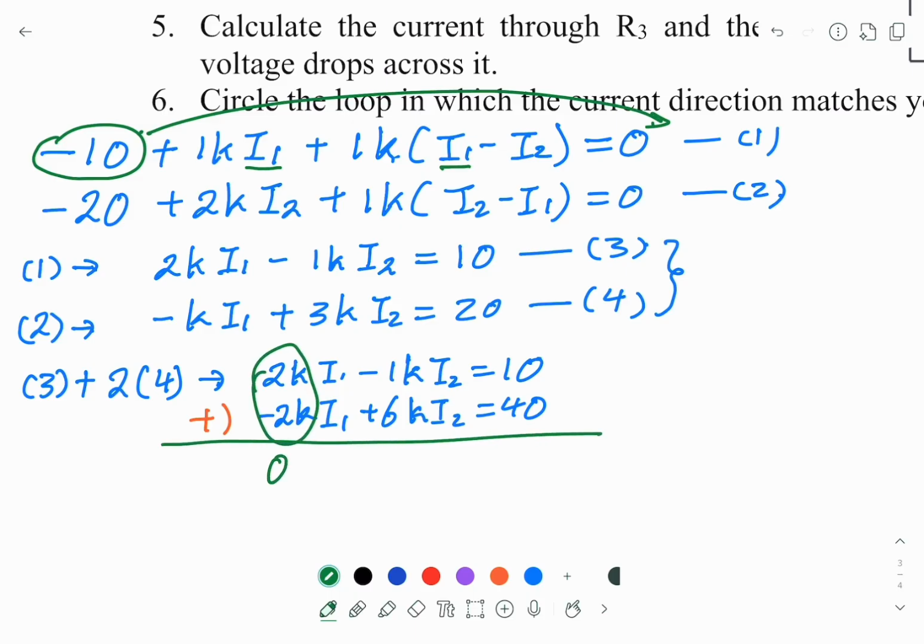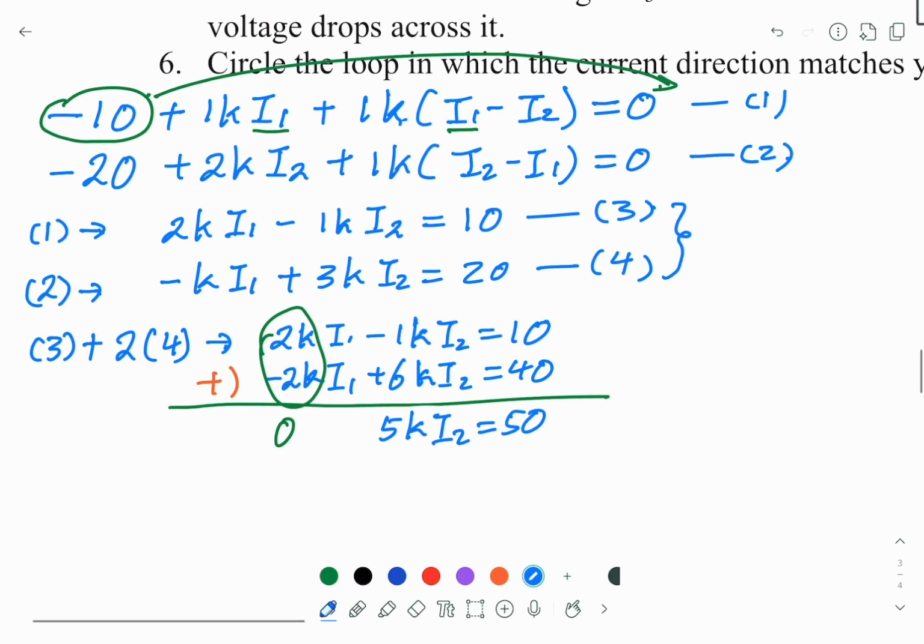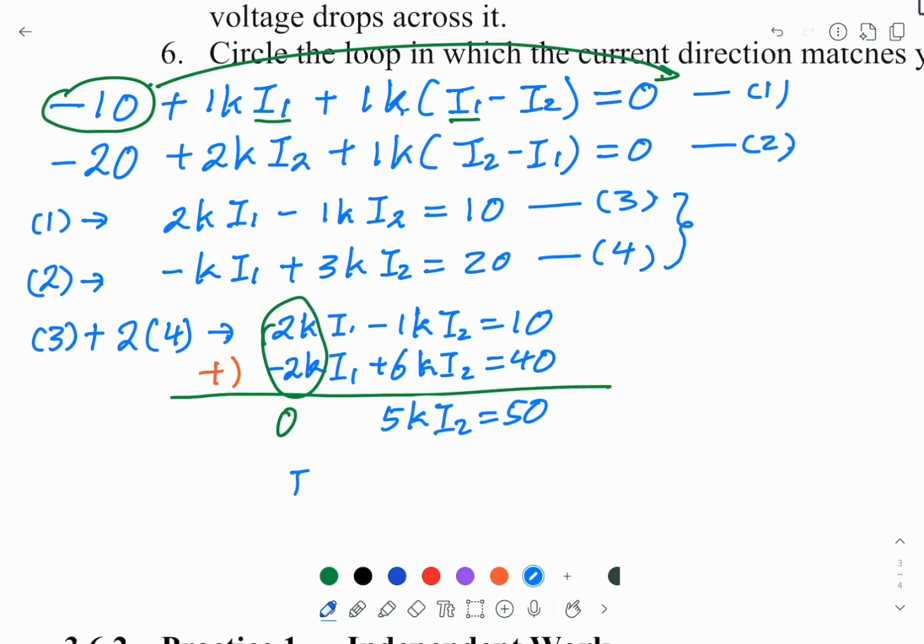This is 0, and you get here 5k I2 and 50. So I2 equal to 50 over 5k. 50 over 5 is 10. 1 over k is milli. So it's 10 milliampere.